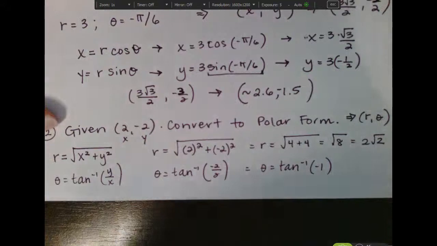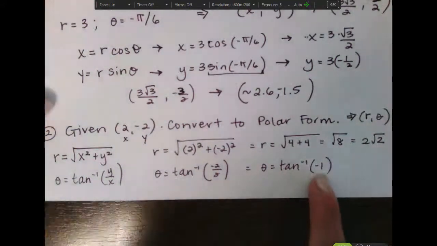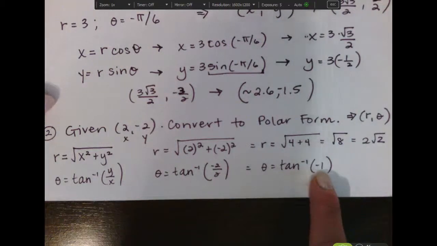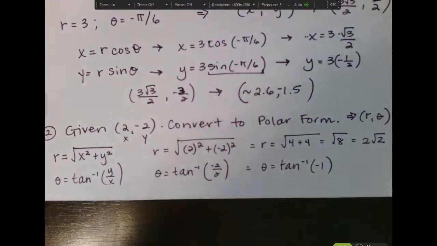So what you want to think about is, where on your unit circle is the tangent going to be negative 1? Well, it has to occur when the sine and the cosine value are equal, so that the ratio of them is 1. But it also has to occur where their signs are opposite.